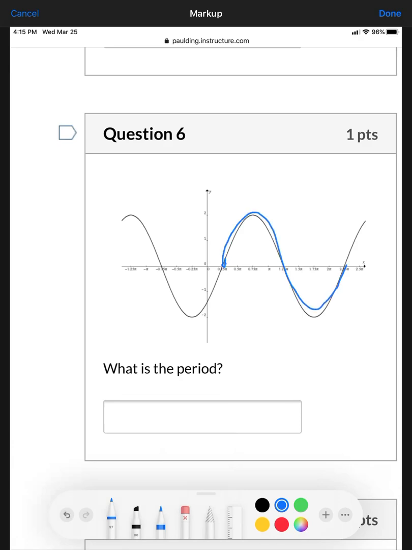So there's one cycle of sine. So 0.25 pi is where it starts, and 2.25 pi is where it ends. Subtract those two. 2.25 pi minus 0.25 pi, and there would be your answer to number 6.